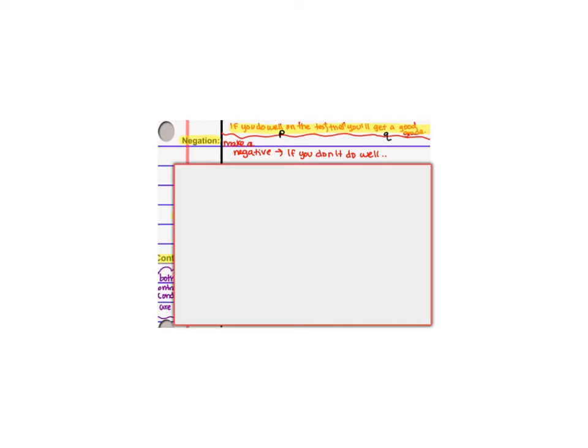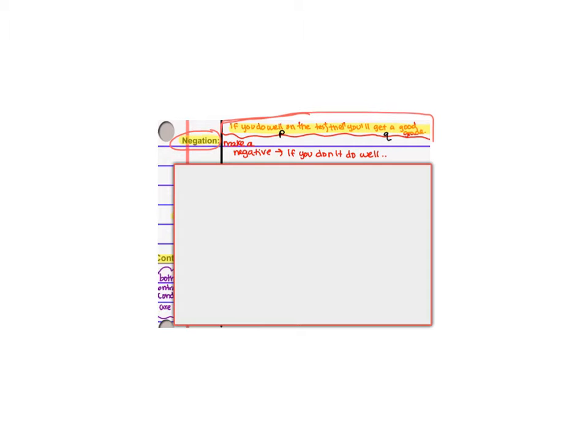So the next vocabulary word is called negation. Just like in English, it's like a negative. For this whole page, I put, and I would like you to put as well, this as our conditional statement. If you do well on the test, that's our hypothesis, our P. Then you'll get a good grade. That's our conclusion.